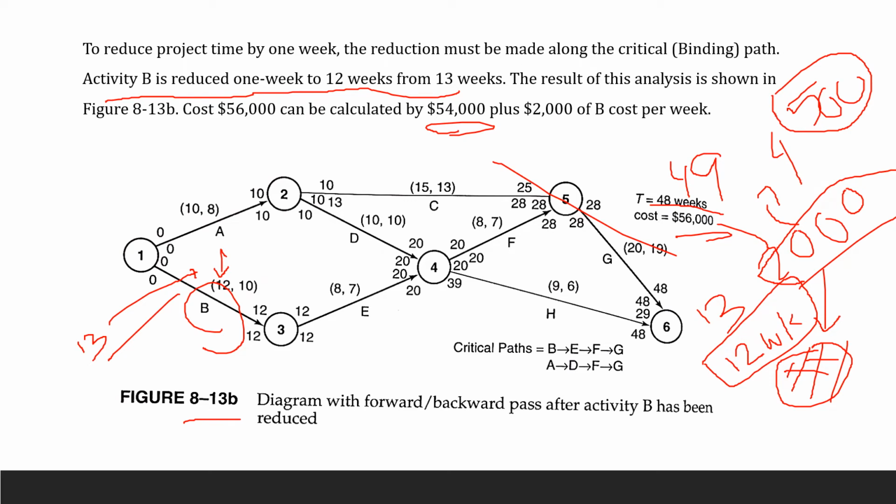I don't have to spend 13 weeks doing this. I can just finish it in 12 weeks. I'm going to push activity B, or everything, to be done within 12 weeks instead of the 13-week cutoff. So you're giving the incentive of $500, and therefore the cost increased from 54,000 to 56,000.